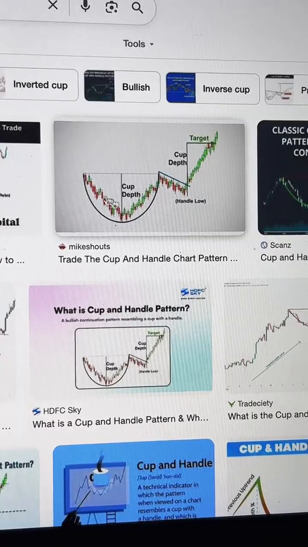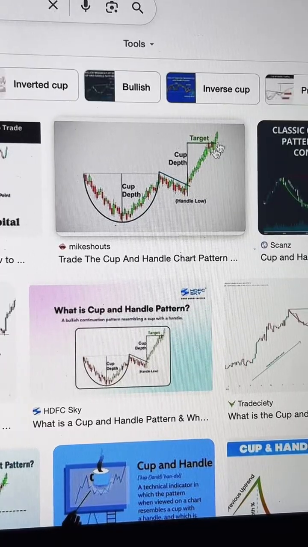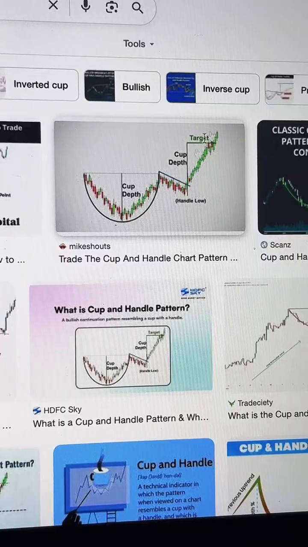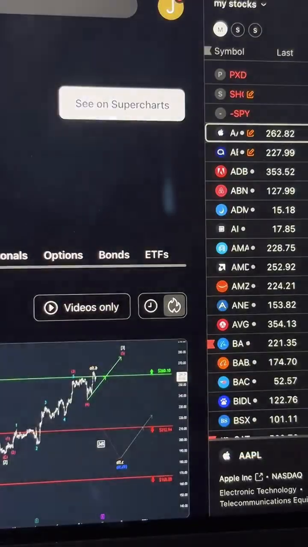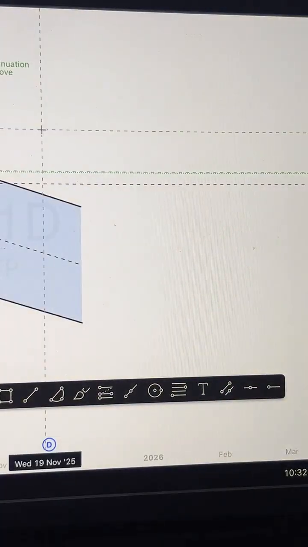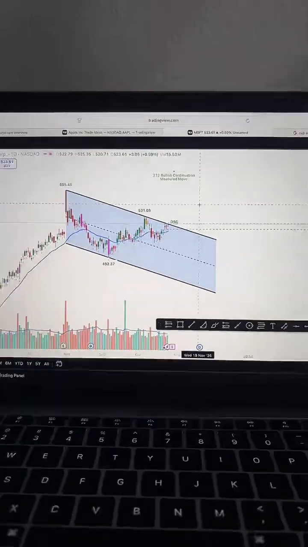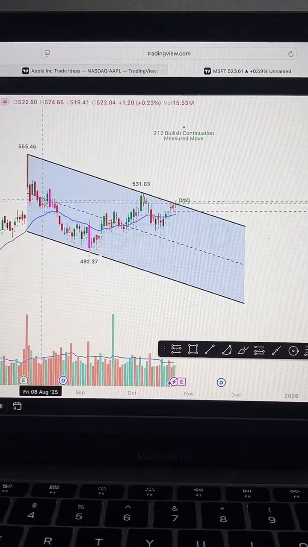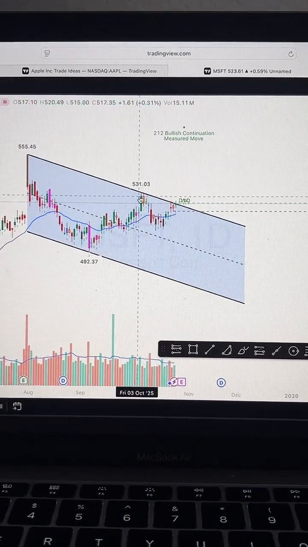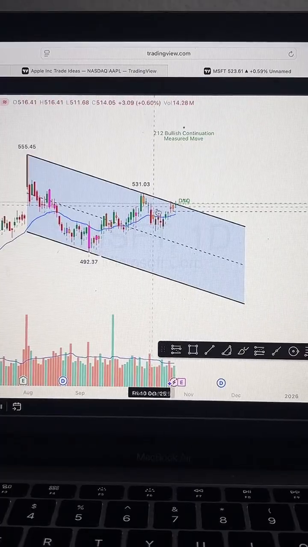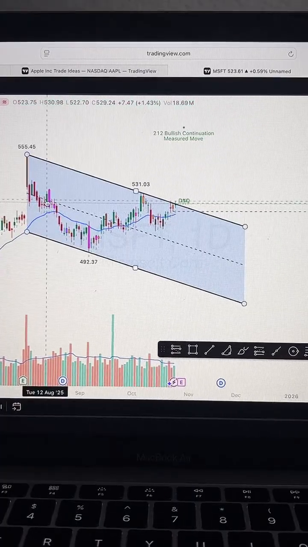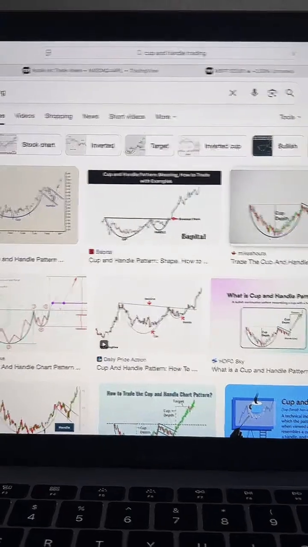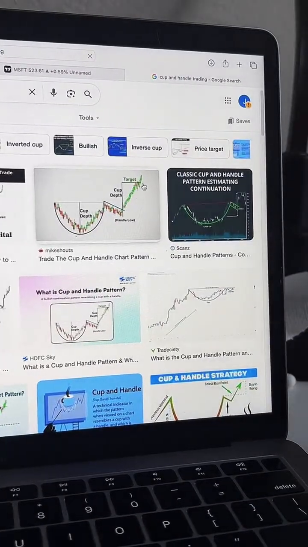Now, what you're looking for on the cup and handle is the breakout of the handle, right? So it's setting up for a move. Now, where were we? Microsoft, I said we were on the cup and handle. If you took that visual that I showed you, you can see your cup formed right here, and this will be your handle. So you would suggest that if this cup and handle plays out, we would get a breakout move soon.